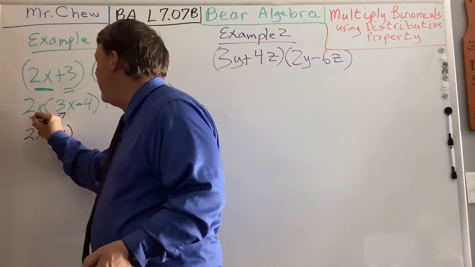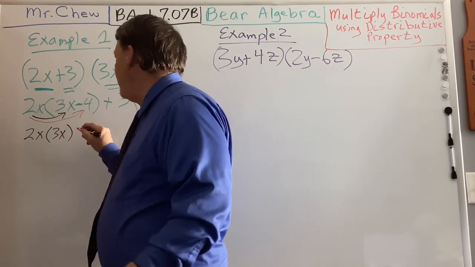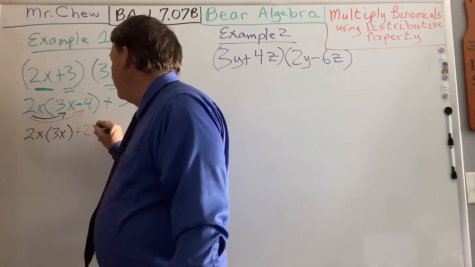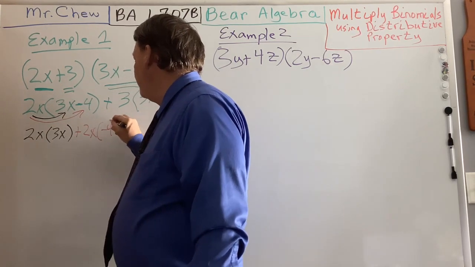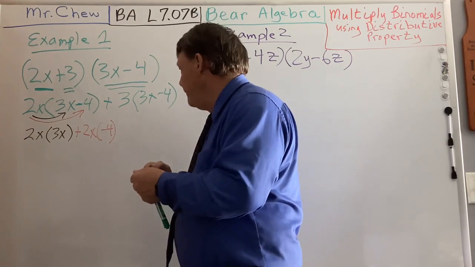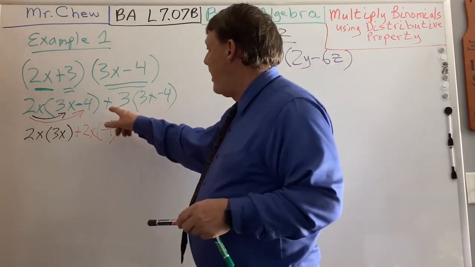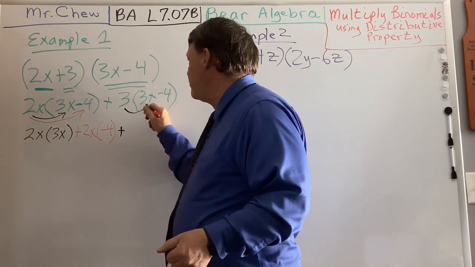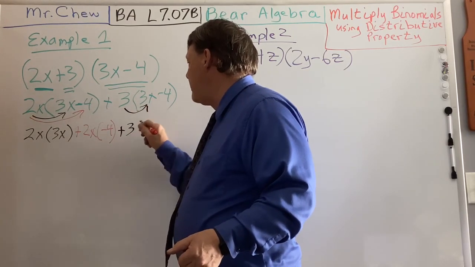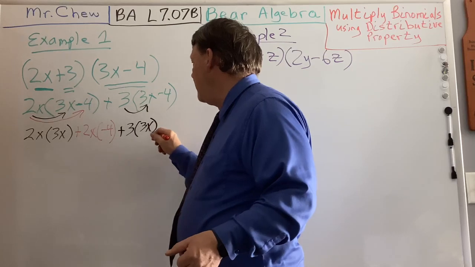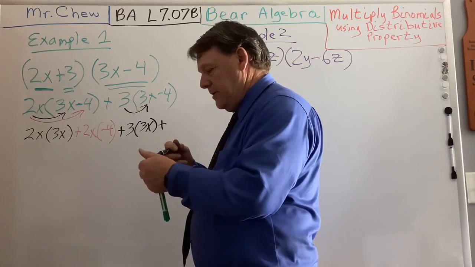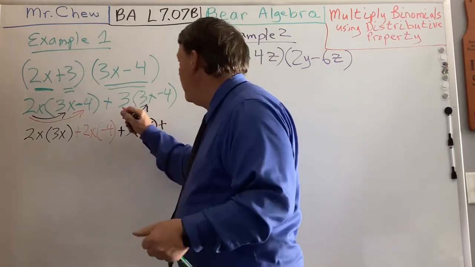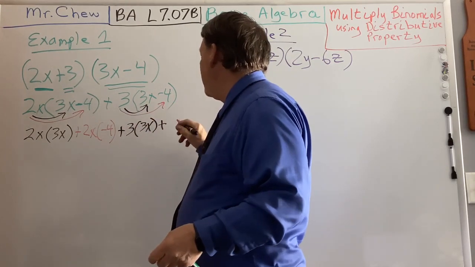And then we take that 2x times the minus 4. And then we're going to add it to, and now we're using the distributive property here again, 3 times 3x plus 3 times minus 4.